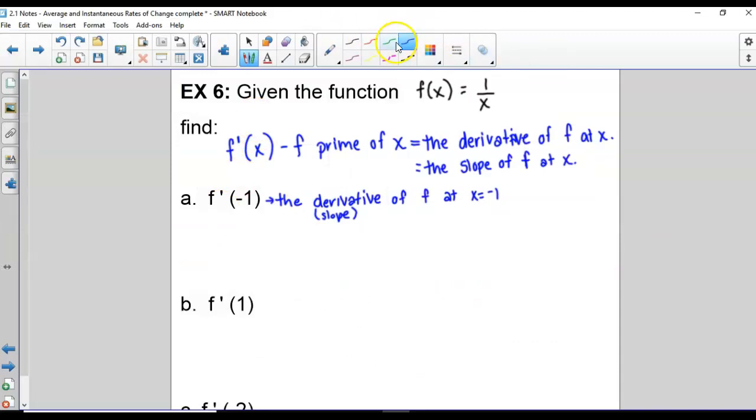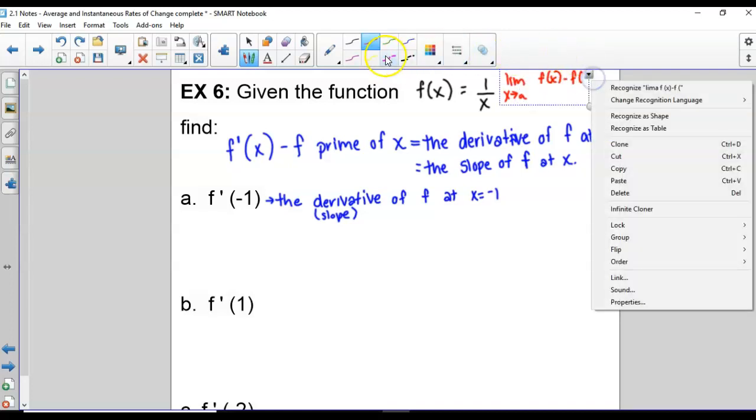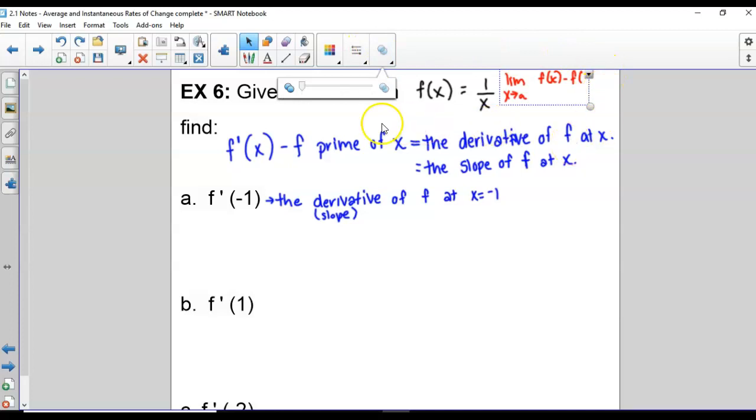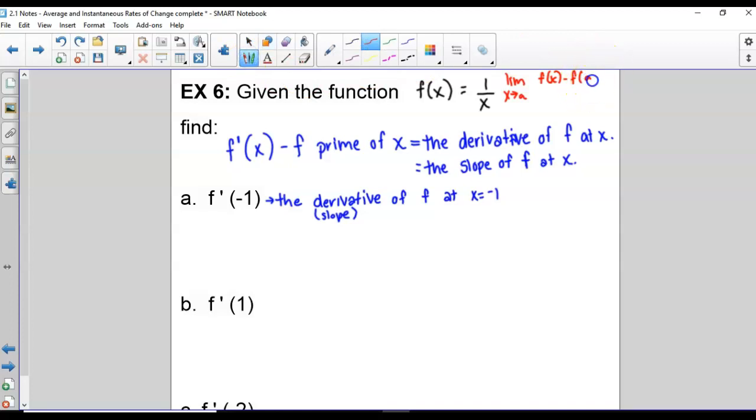So again, I'm going to write that limit definition up here. Again, the limit as x approaches a of f of x minus f of a all over x minus a. So for this one, I would be doing the limit as x approaches -1 of 1 over x minus, what is f of -1?